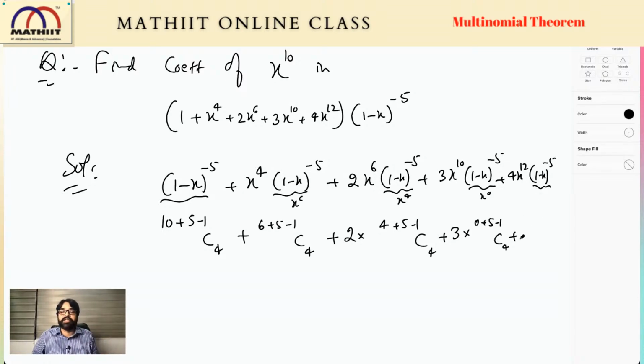So there is no coefficient of x power 10 from this term. This term becomes useless. In fact, I should not multiply here either, because the moment I see x power 12, the other factor cannot provide x power minus 2. Understand? So there is no need to write this step either. This is the coefficient of x power 10 in the expansion.